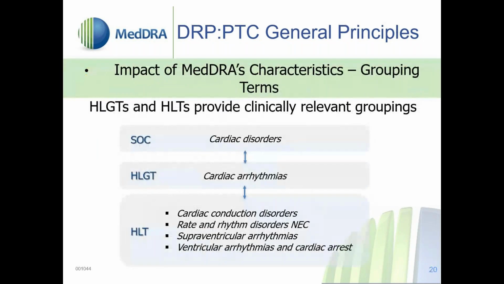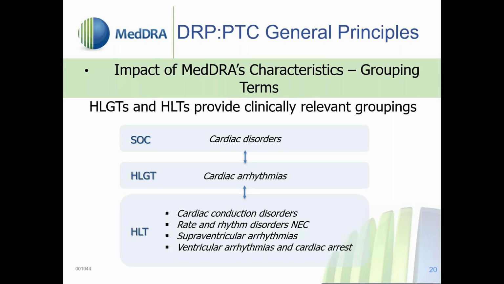Then the DRP PTC document talks a lot about the MedDRA characteristics and how these can be used, how they influence the data which you are looking at, but also how you can use the MedDRA structure and get another view on your data.